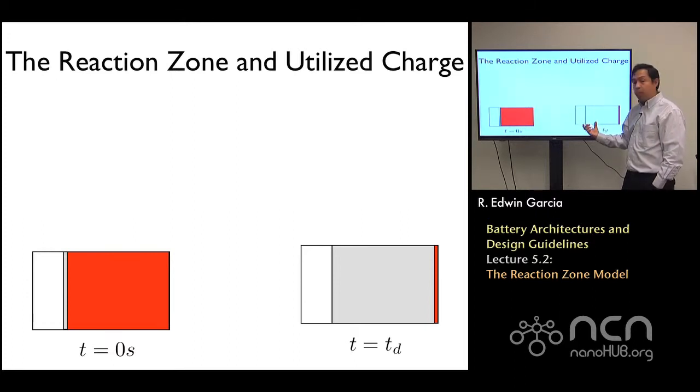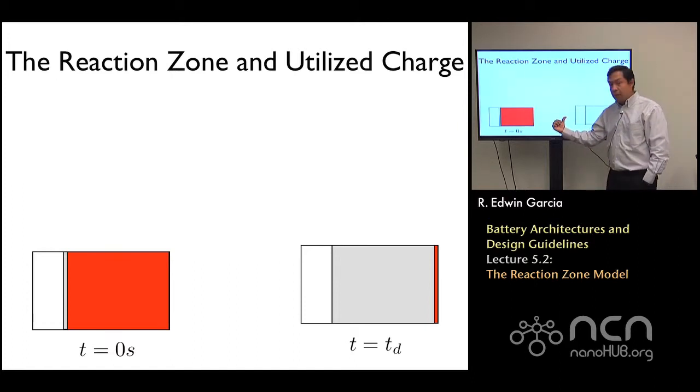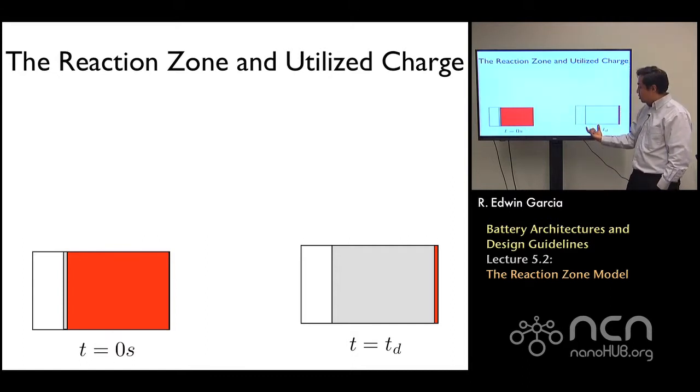If you think about it, the more porous the system is, the less charge you will be able to utilize. And that should be equal to the amount of current that is going through the separator times the time, right? Because current times time gives you the charge, and that should correspond to the total charge that you use, which is related to the porosity of the system and how much thickness you have utilized.